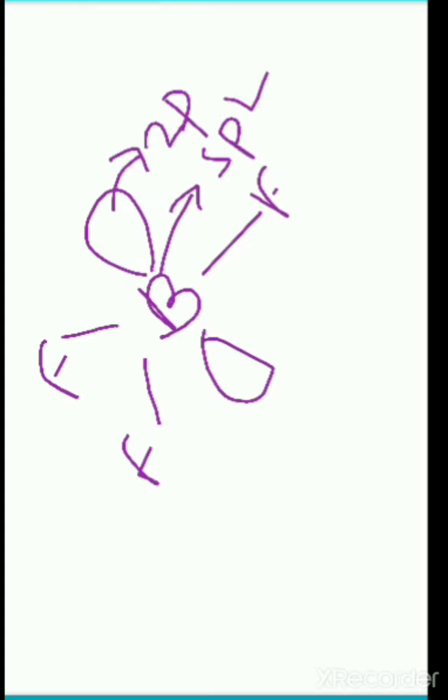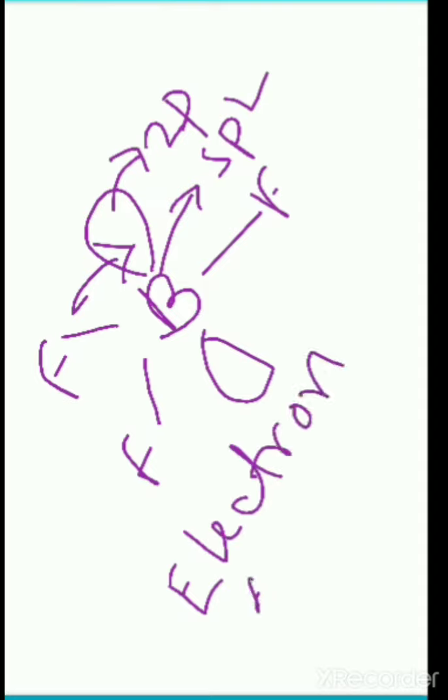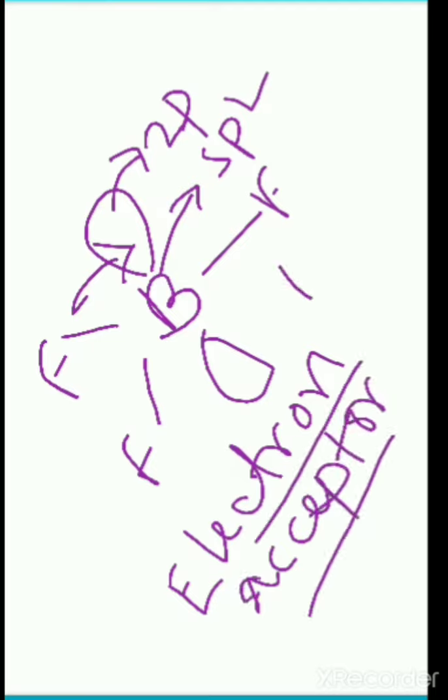So this vacant 2p orbital can accept an electron pair, and we know that an electron acceptor is known as Lewis acid, right?